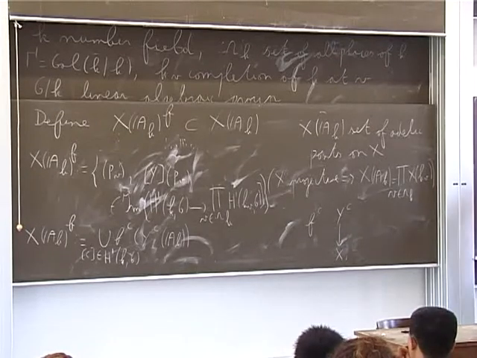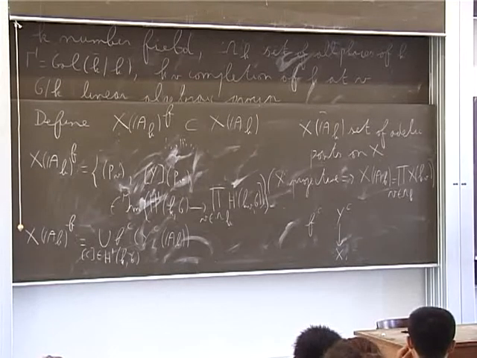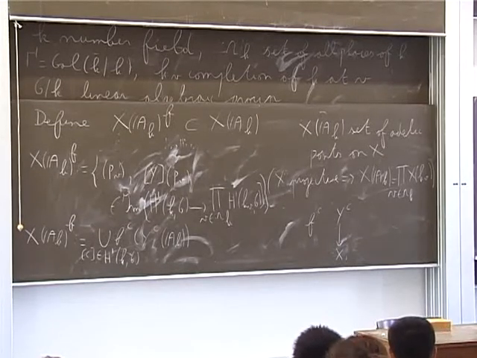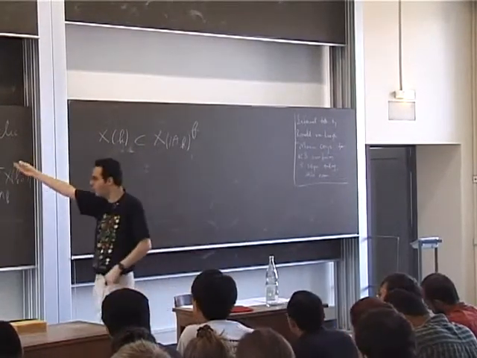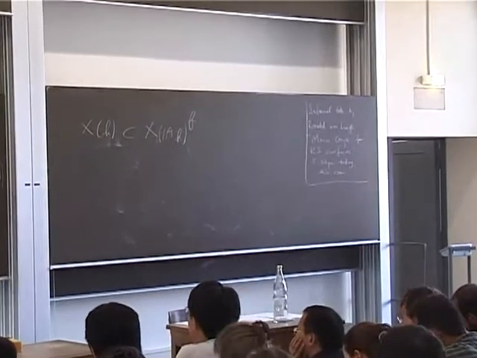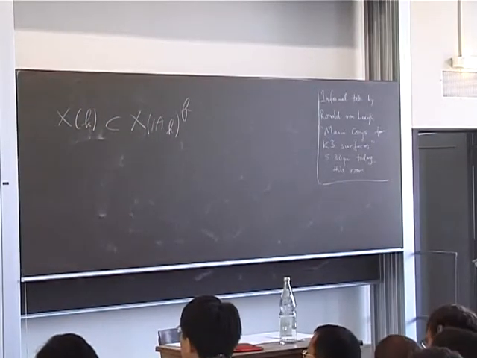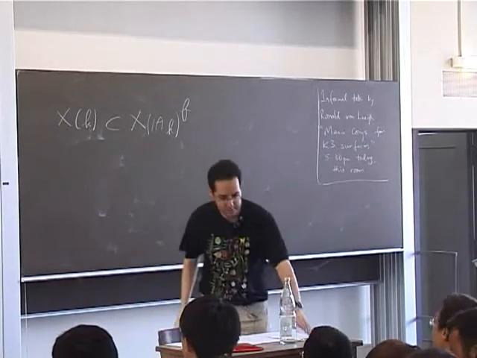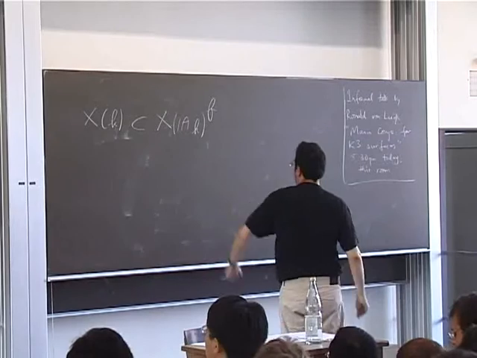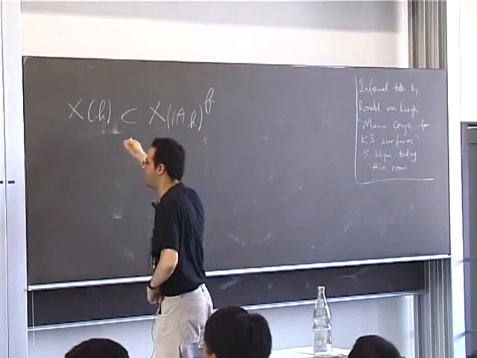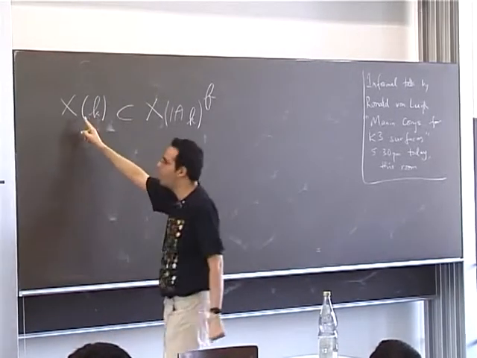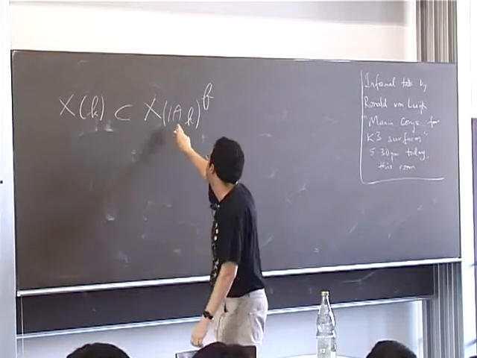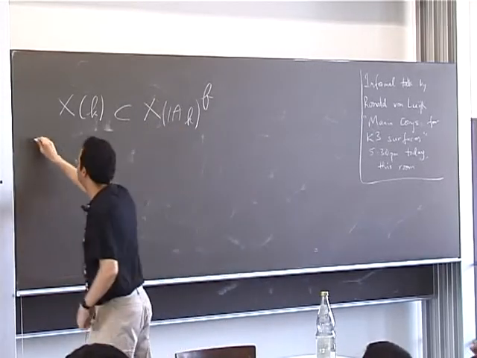And we had seen that the set of rational points X of K is a subset of this set X of A_K to the power F. This is just a consequence of the functorial properties of non-abelian étale and Galois cohomology. And actually, we can say more. So this is a very simple observation. But there is a more specific result about the closure of X of K in this set X of A_K.